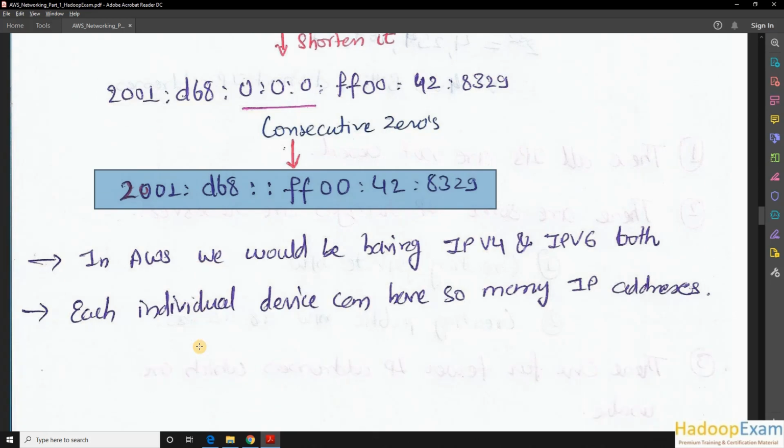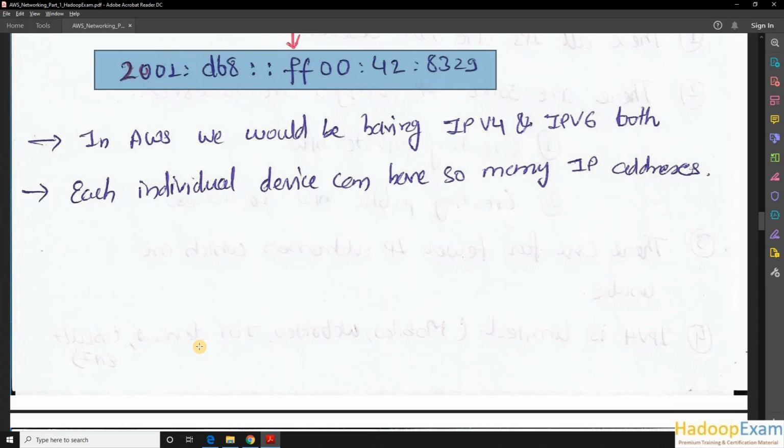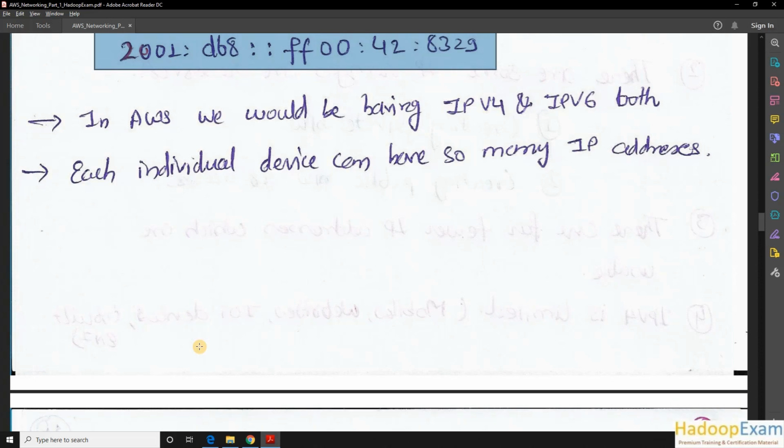My IoT devices, my mobile devices, whatever websites I have, everything can have a single globally unique IP address, which is not possible with IPv4, but with IPv6 it is possible. I'm specifically saying public, not private. A public IP address for IPv6 is possible for every unique device globally. We would discuss private and public a little later.